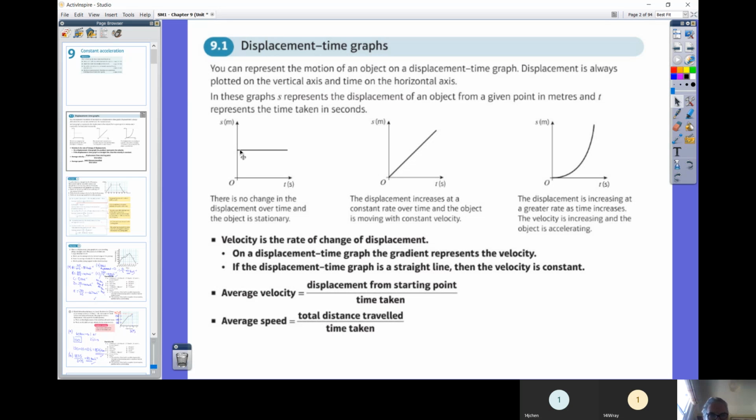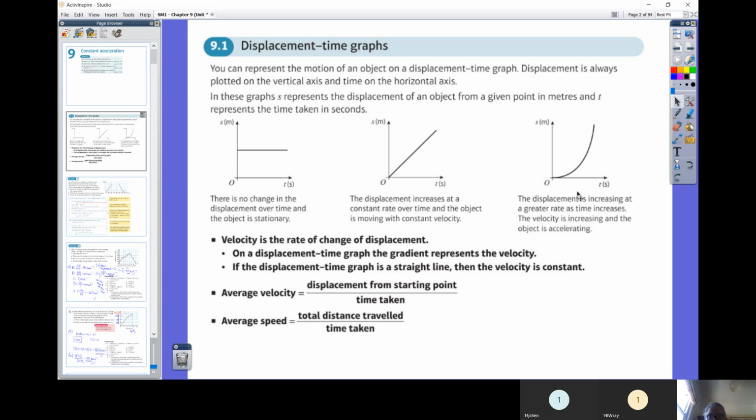So clearly, if there's no change in displacement, you're not moving, you're stationary. If the displacement is just going up at a steady rate over time, you're traveling at a constant velocity, and if your rate of change of displacement is going up, then your velocity is going up all the time, you're accelerating.